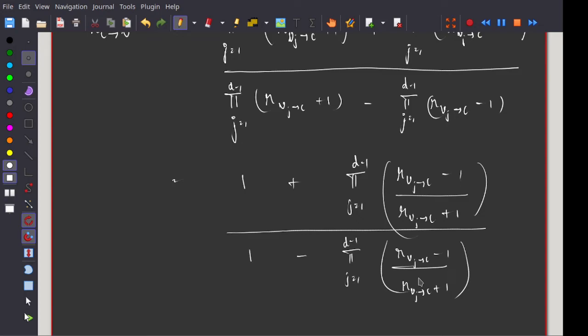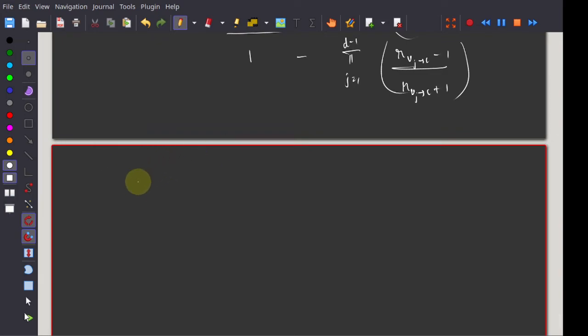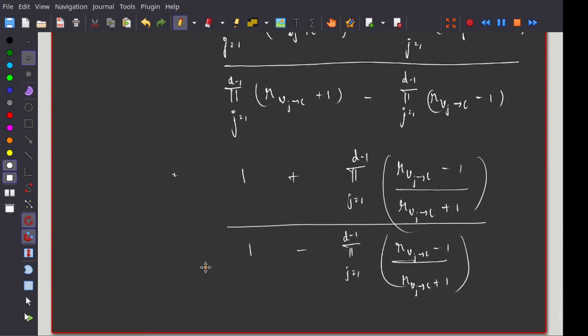And now I want to take L to be log of R. So log of this is equal to L V to C, or R V to C is basically equal to e raised to L V to C. Let me write it in this particular form.